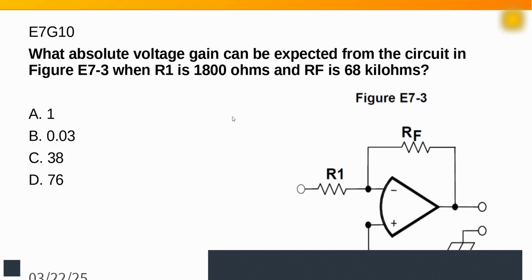What absolute voltage gain can be expected from the circuit in figure E7-3 when R1 is 1800 and RF is 6800? Ooh, you might need your calculator for that one. So you got 1.8K and 6.8K. 3.777 or 3.8.